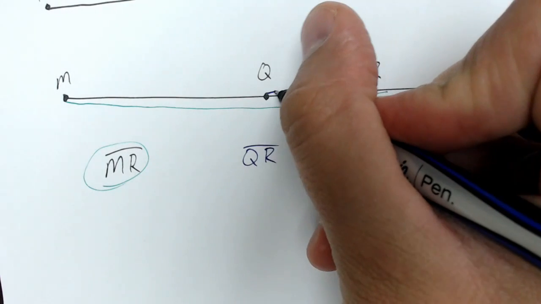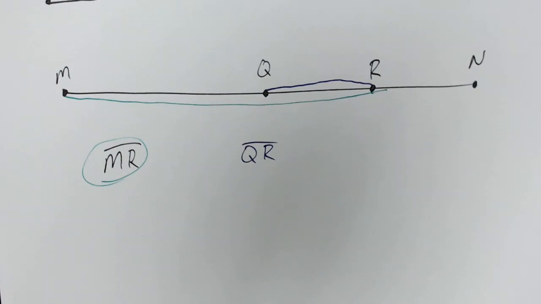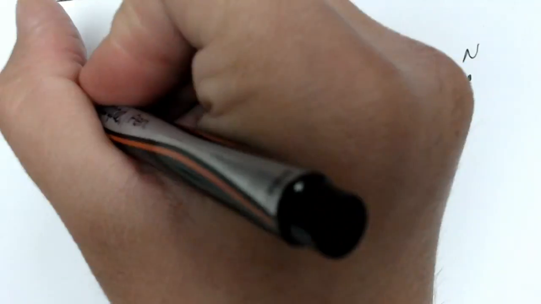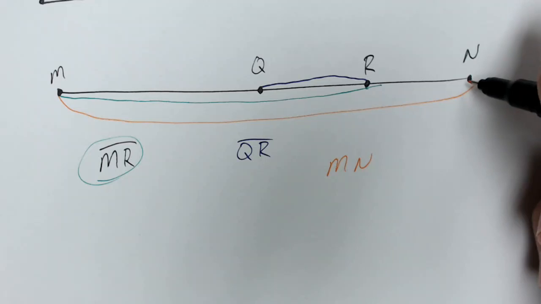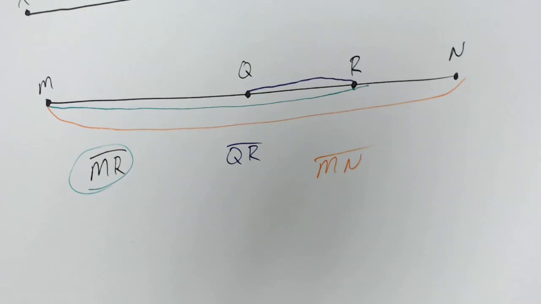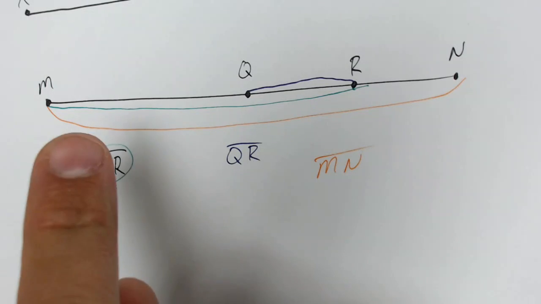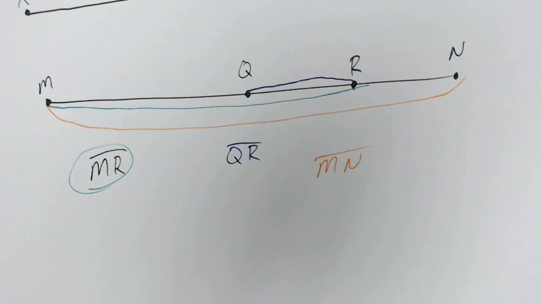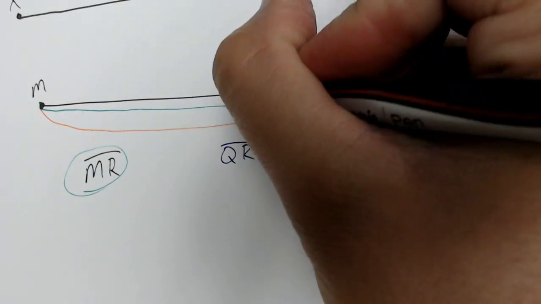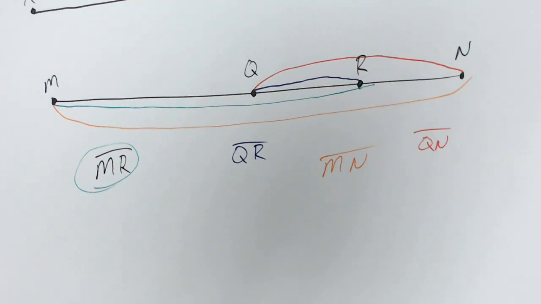Well, that would just be from there to there. I could also do line segment MN. That would go all the way from start to end. You guys get the point. Whatever letter I start at is the starting point, and what letter I end at is the end point. Like QN, that would go from here all the way to there. And that's how we can name line segments.